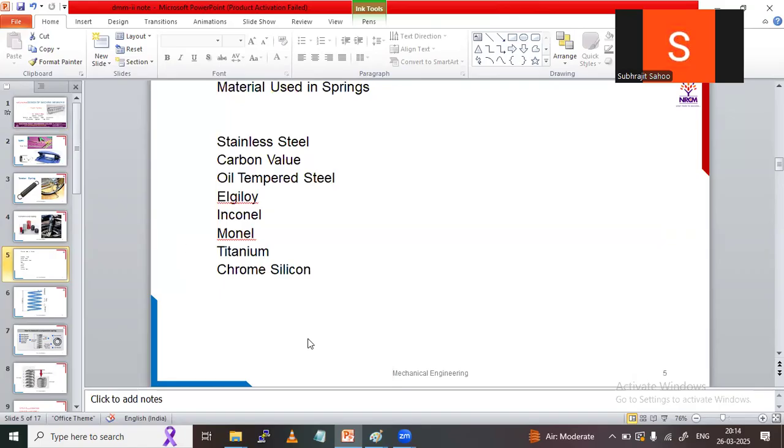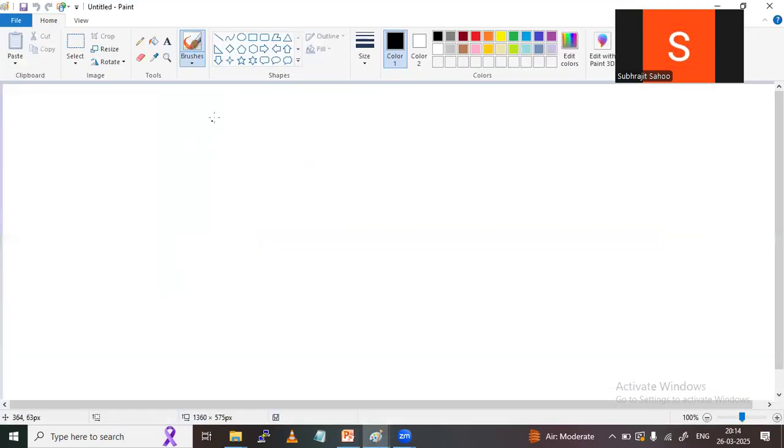Also, the spring can be classified based on shape, right? Based on shape, it can be classified into the following types. What are those, sir? Based on shape, the first three I told were based on load applied. Now based on shape, the first one is helical spring. Okay?